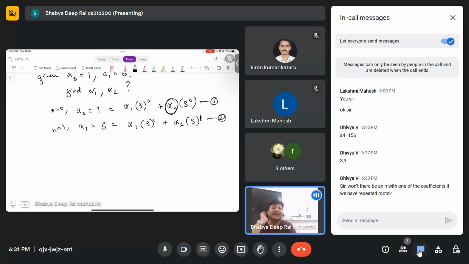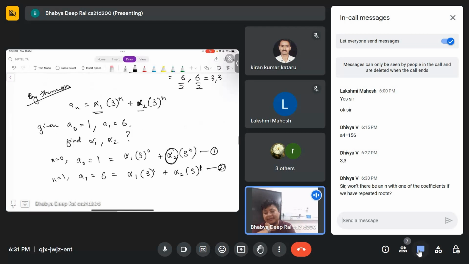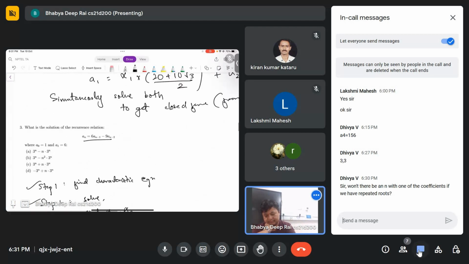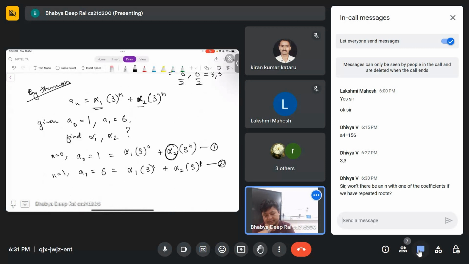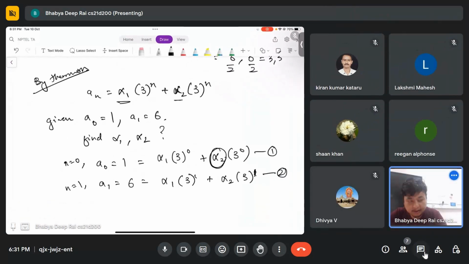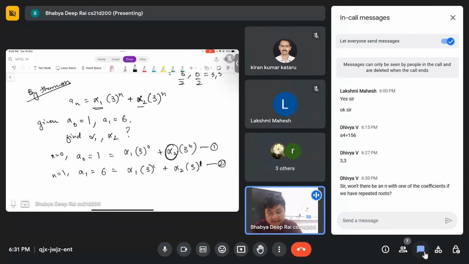Well, the theorem does not say anything for repeated roots, so I believe it should not create a problem. Seems like you are correct here. Solution does end at that.